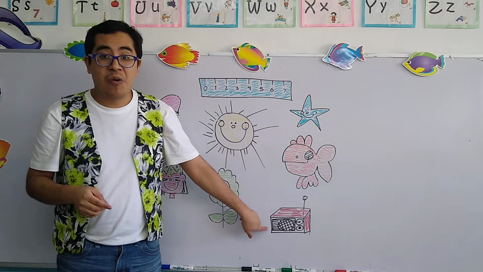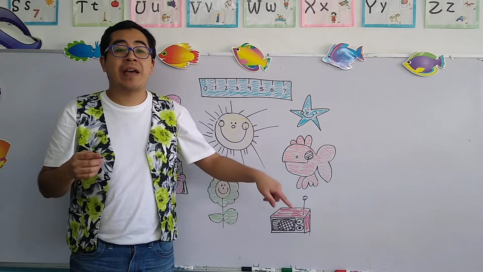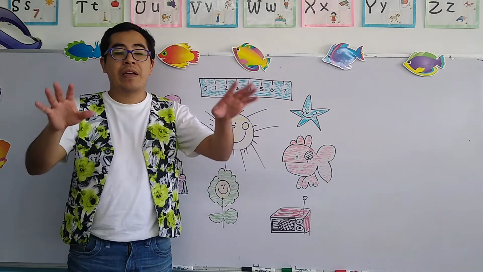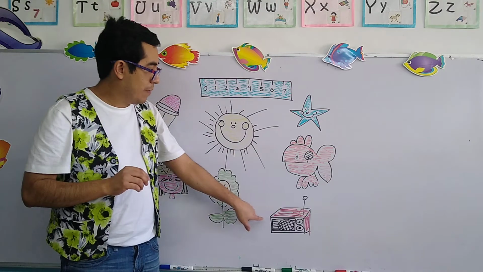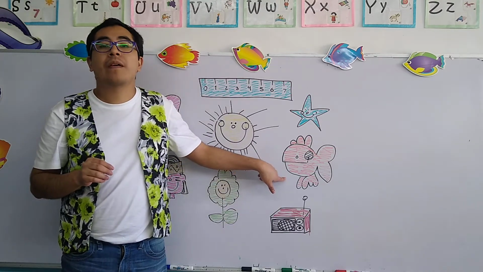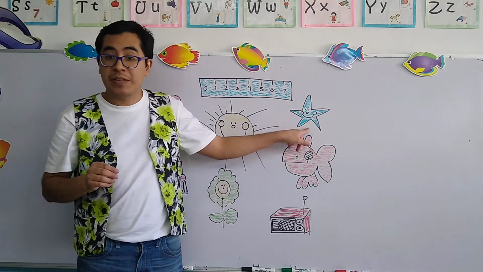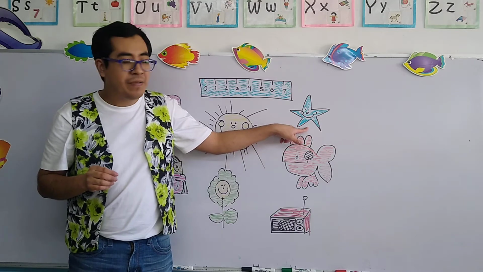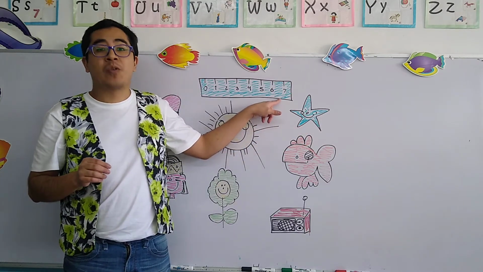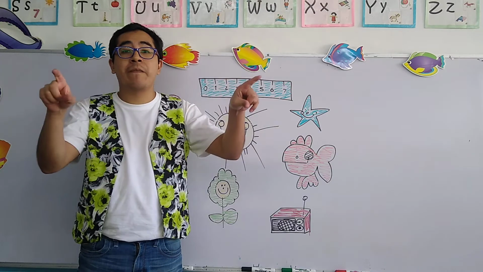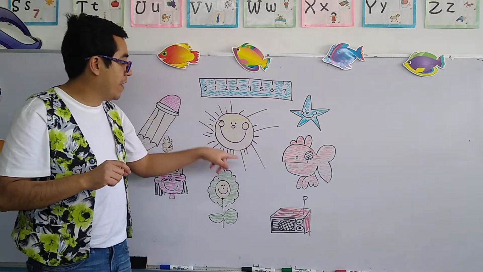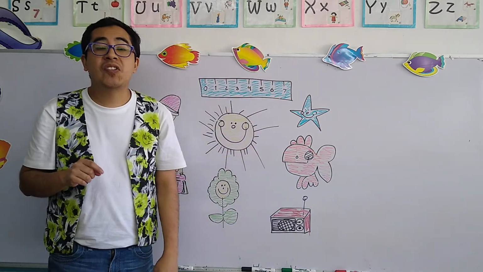The radio, remember the radio, it's an object that transmits music. Fish, okay, excellent. Star. The ruler, which is an object of measure, para medir. And finally, we have the sun.